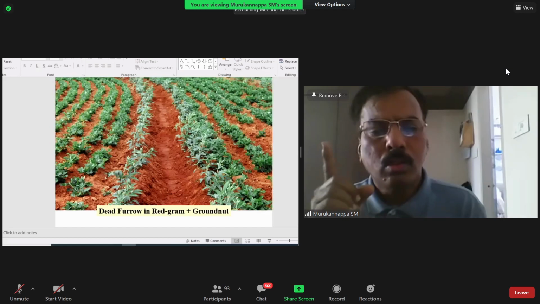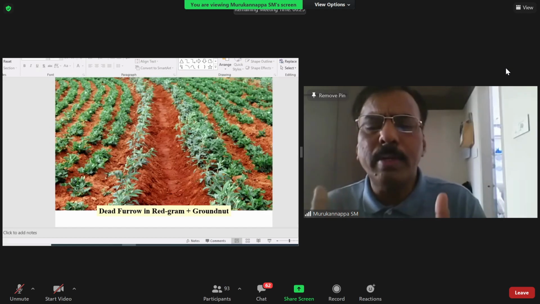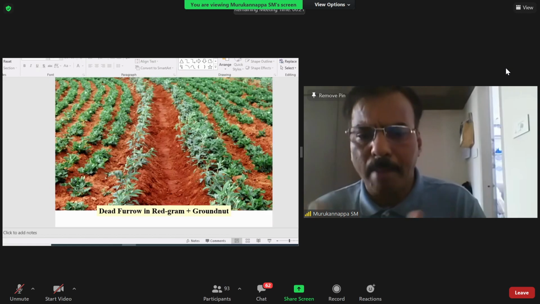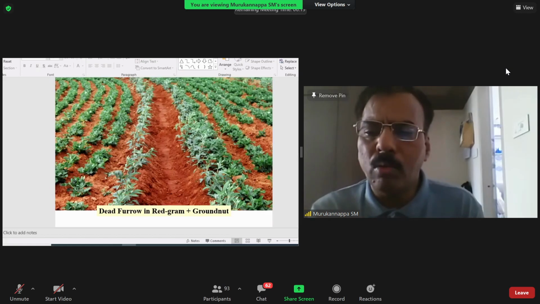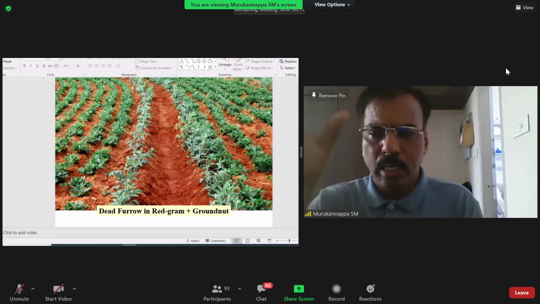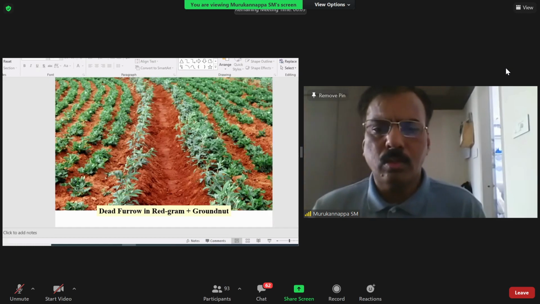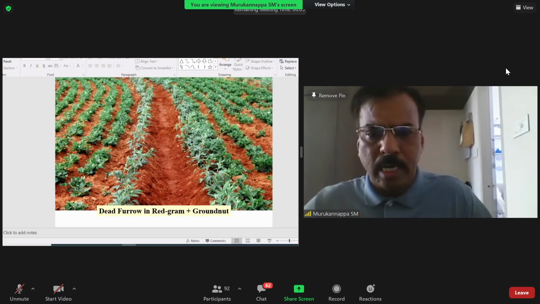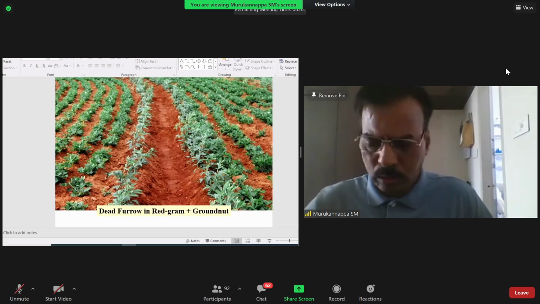Some crops need only a 30 centimeter row spacing, but crops which grow very tall and have a longer growing period have wider spacings.